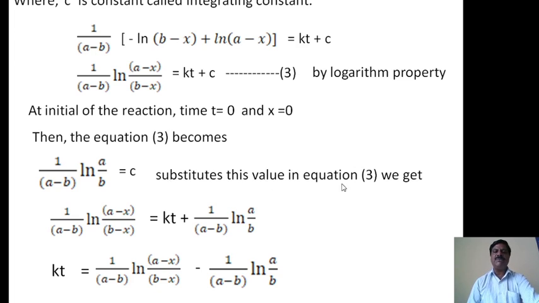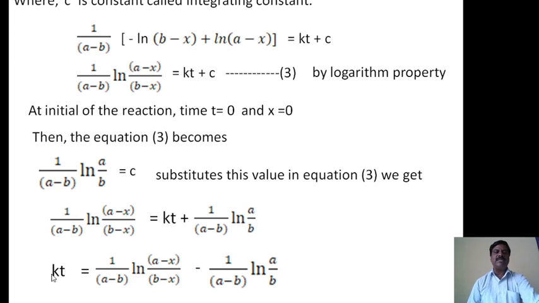Substitute this value of c in equation number 3. We will get 1 divided by (a minus b) ln of (a minus x) divided by (b minus x), equal to kt plus c, which is 1 divided by (a minus b) into ln of a by b.